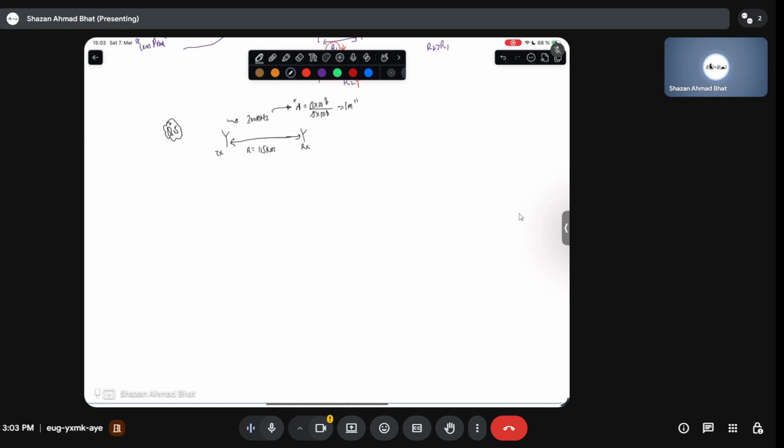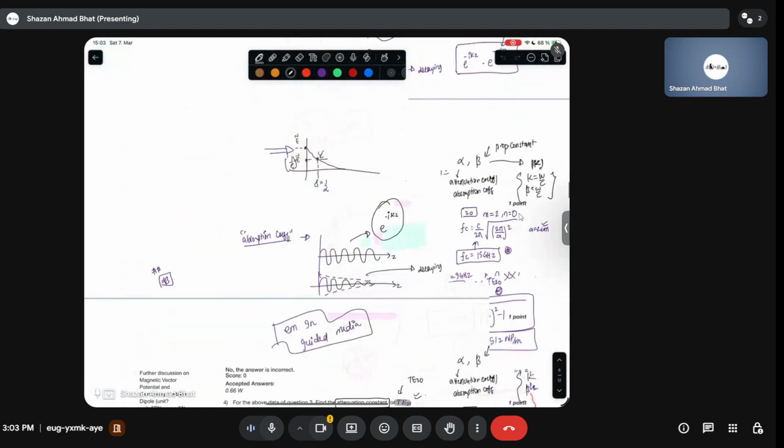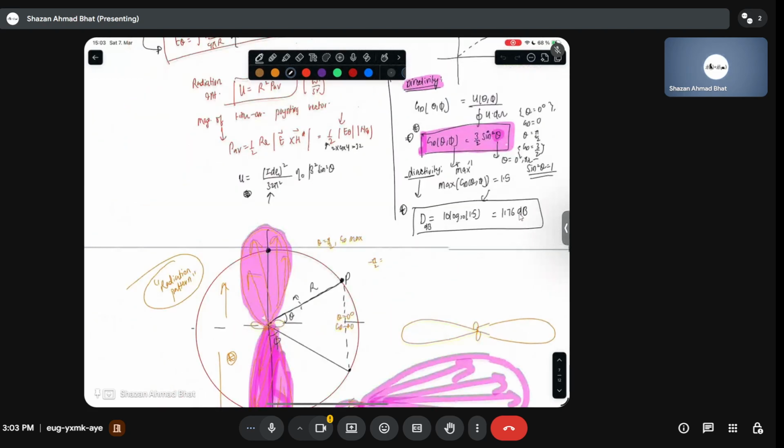And the directivity is also given, and the transmitted power here is 100 watts. The directivity is 1.64. We talked about this directivity in week 6.